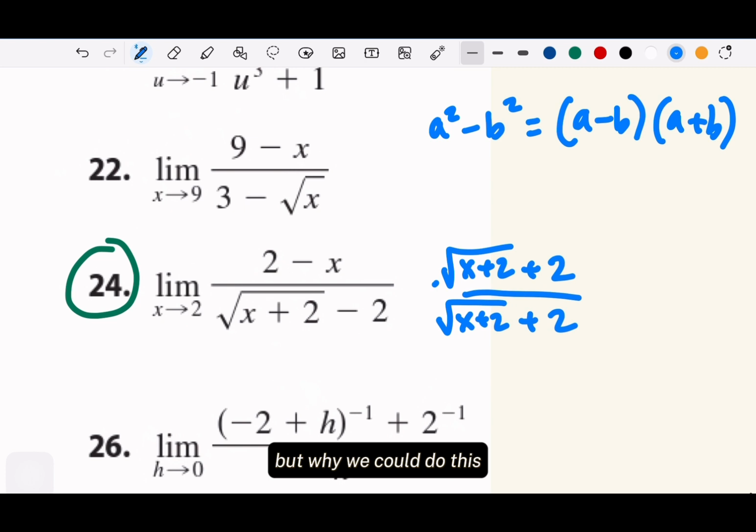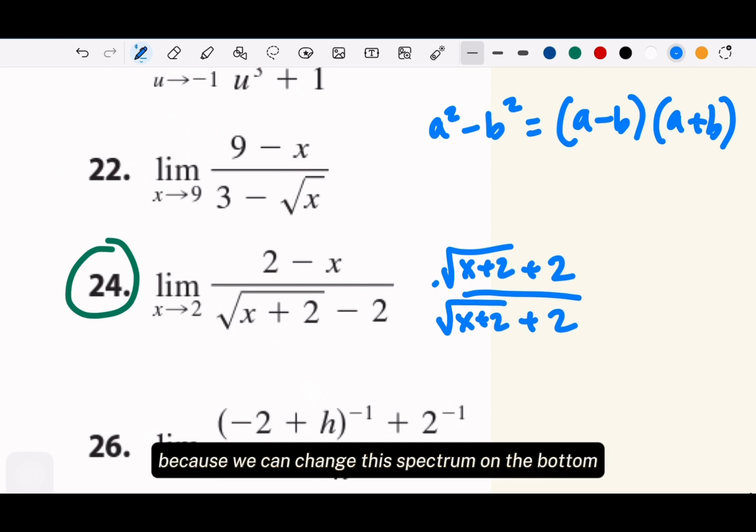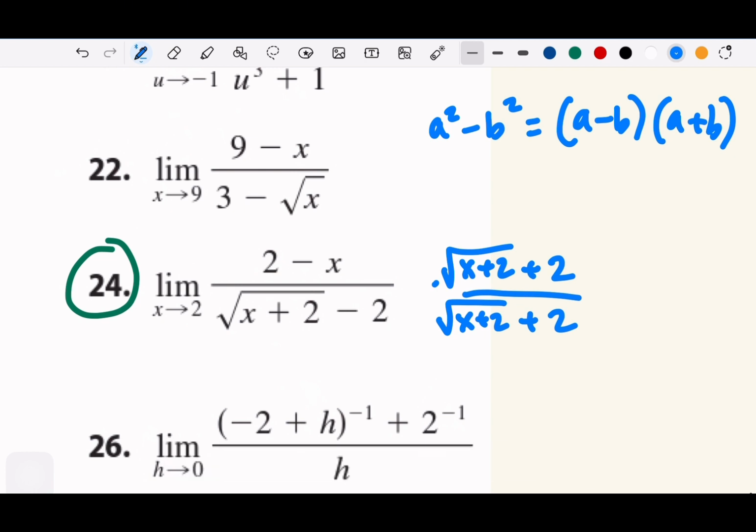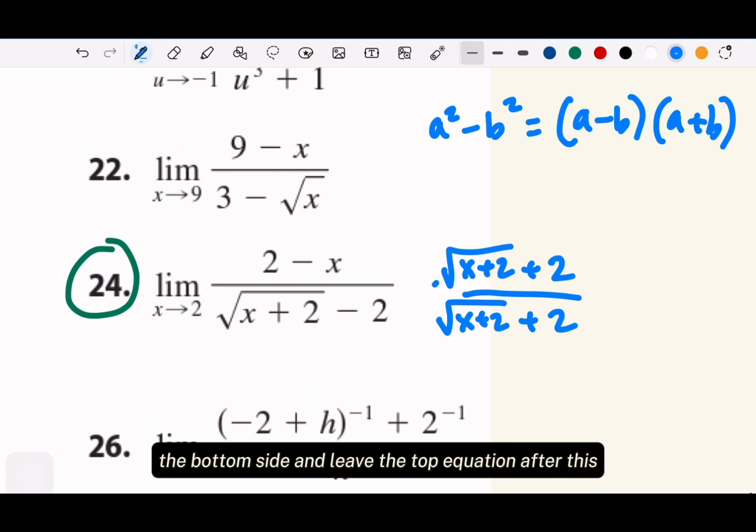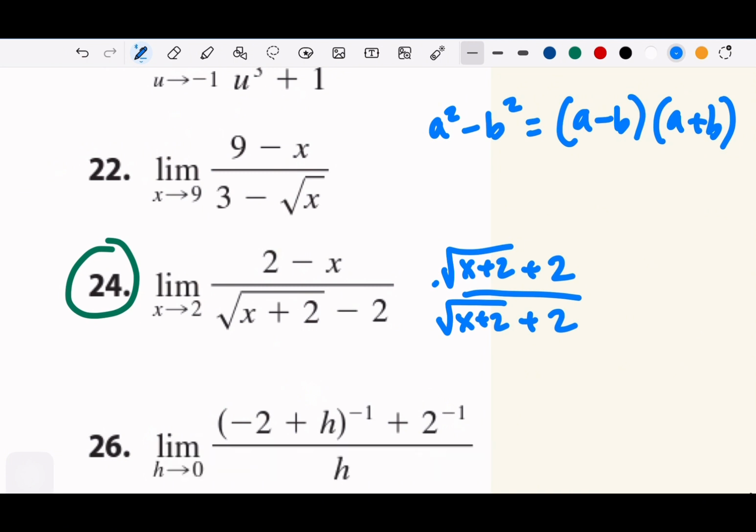But why do we need to do this? Because we can change the expression on the bottom side. It means that we can make this a squared minus b squared. So we have x plus 2 squared, so x plus 2, and then minus 4. So x plus 2 minus 4 is easy to comprehend, right? The bottom side. And leave the top as it is.